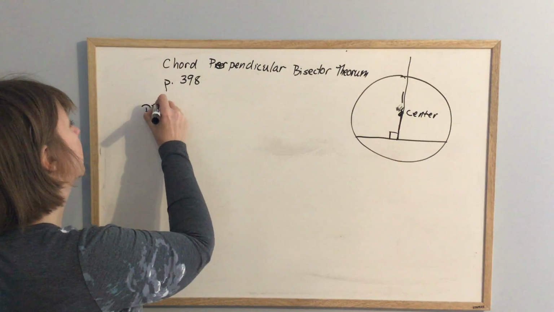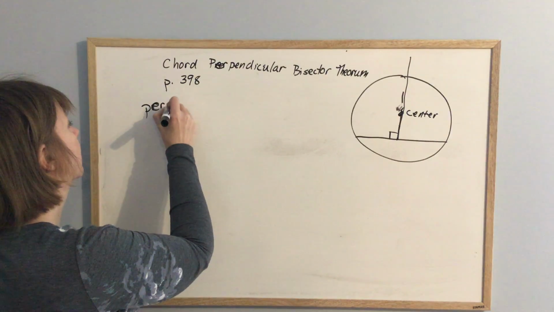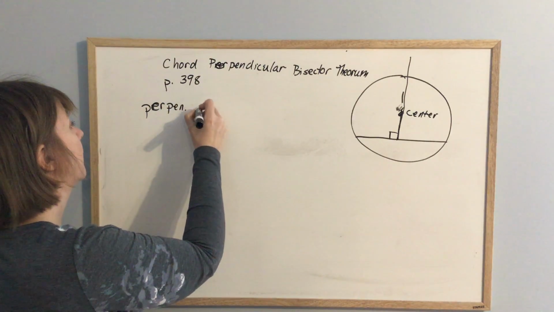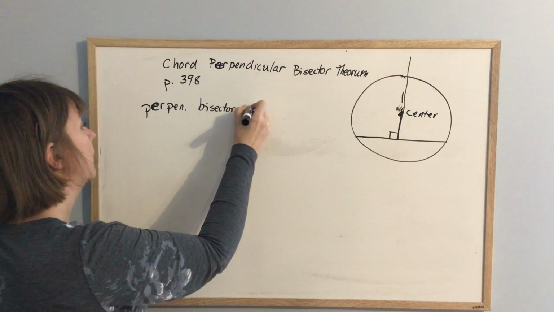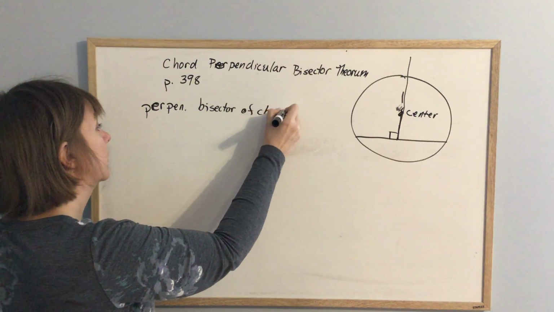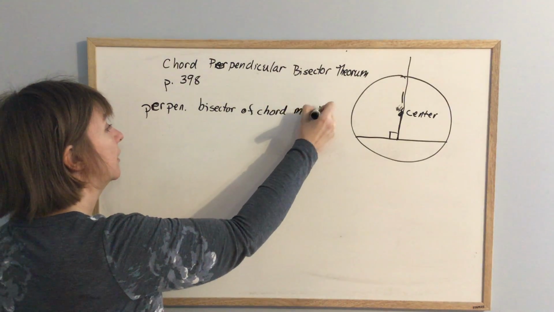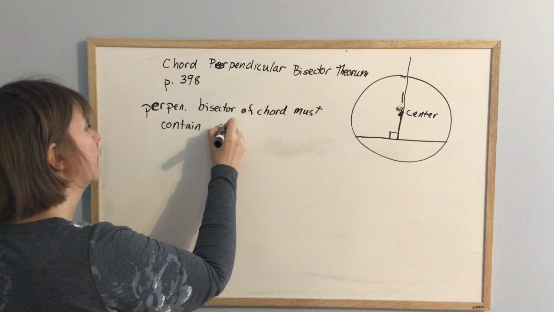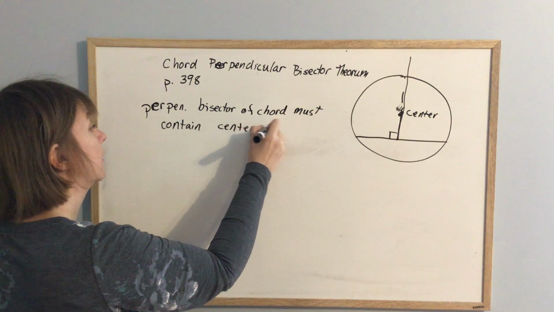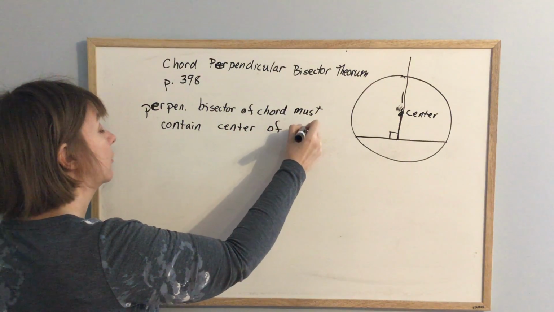The perpendicular bisector of a chord must contain the center of the circle.